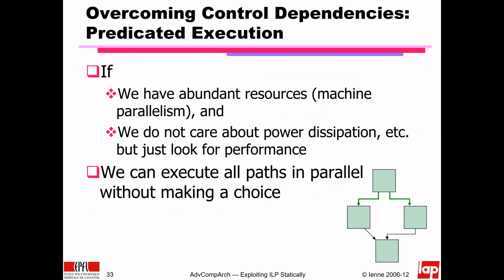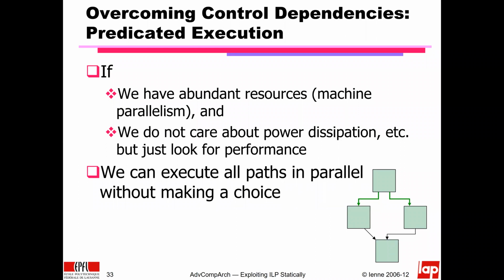So what can we do to minimize the problem of control dependencies? How can we handle branches, and especially unpredictable branches, when we do not have speculative execution to save us? We assume that we have abundant resources, because we have this parallel machine with plenty of units that we can control, and we just care for performance.